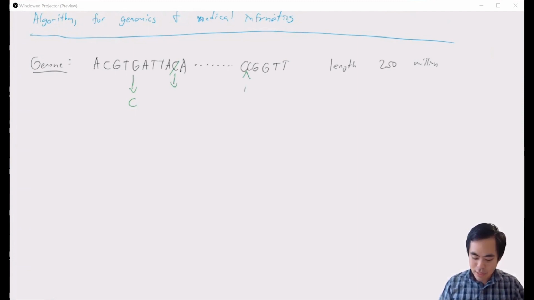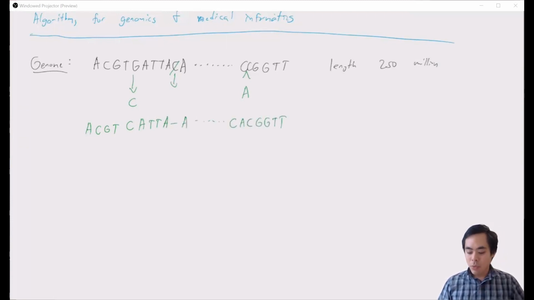Let's say you insert an A there, and so on. And so now, after you've done this, you end up with some new sequence, ACGT, and instead of a G, you have a CATTA. You have a blank space there, A, and so on. And at the other end, you have a CACGGTT.